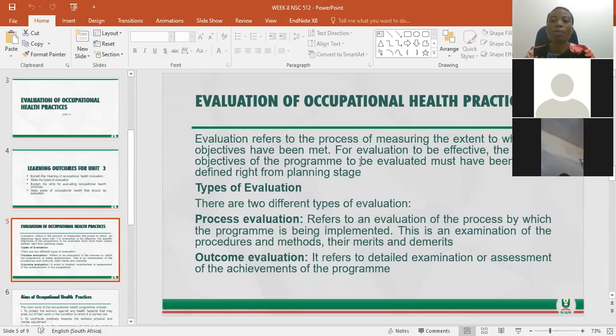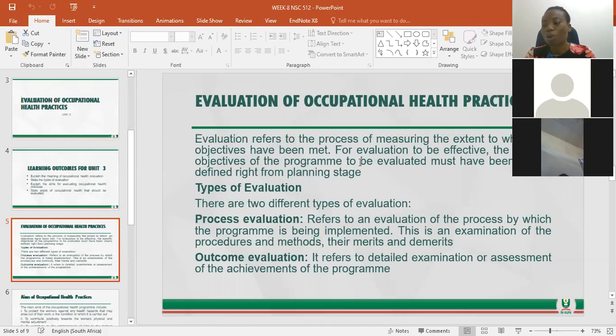Then at the end of the day, you want to evaluate it. And it is important to note that for evaluation to be effective, the objective of the program or the project to be evaluated must be clearly defined.